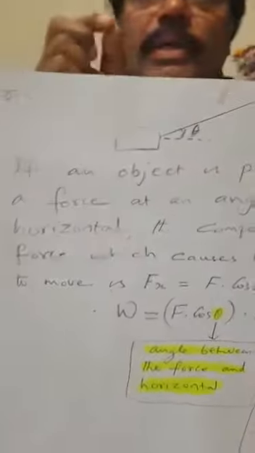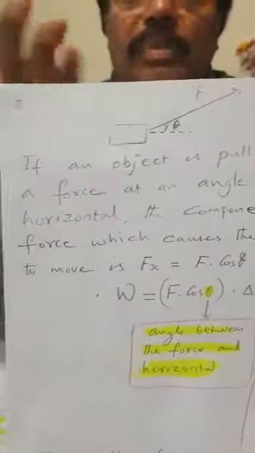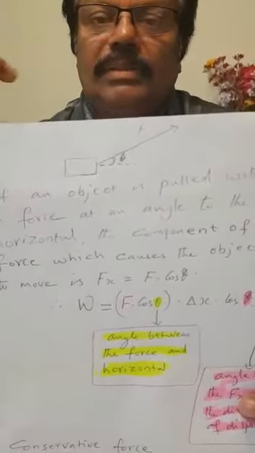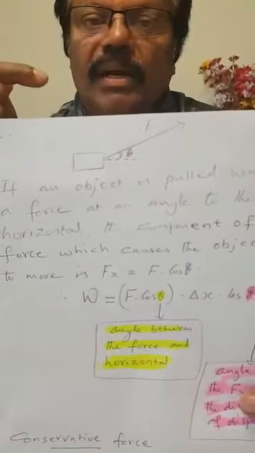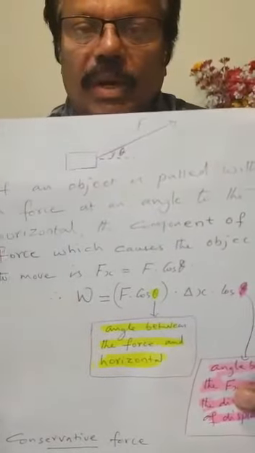Now, let us concentrate on the next. We have to look at the work energy theorem. Before we go to the work energy theorem, let us look at a situation where the object is pulled by a force which makes an angle theta to the horizontal.